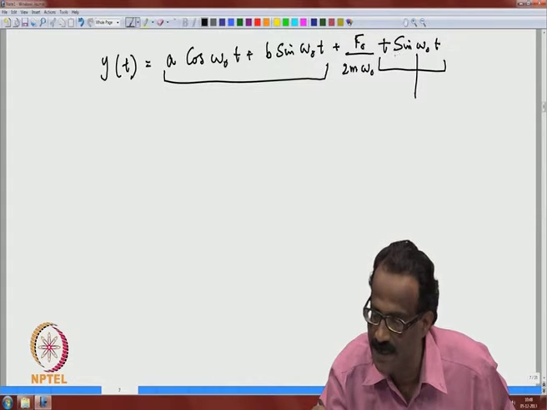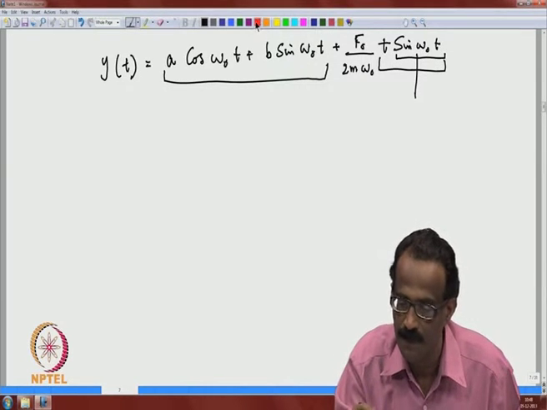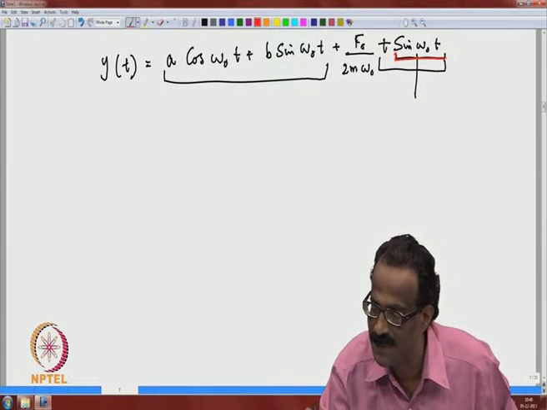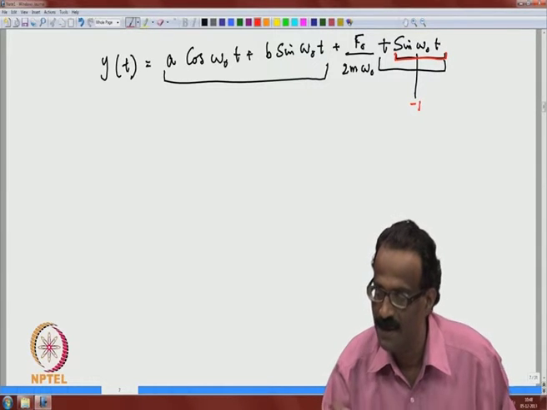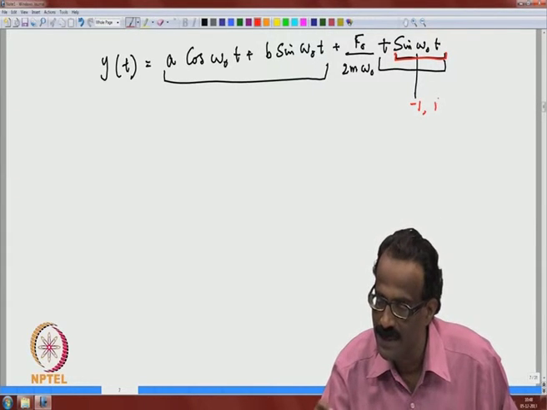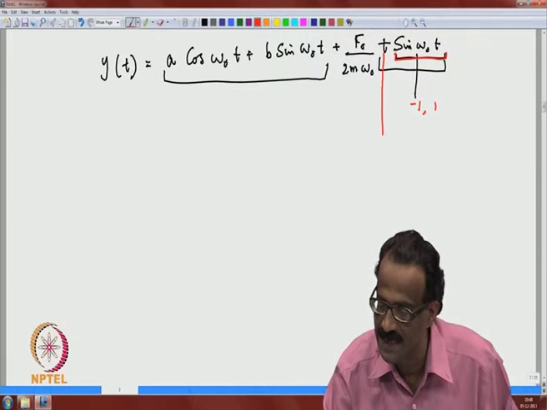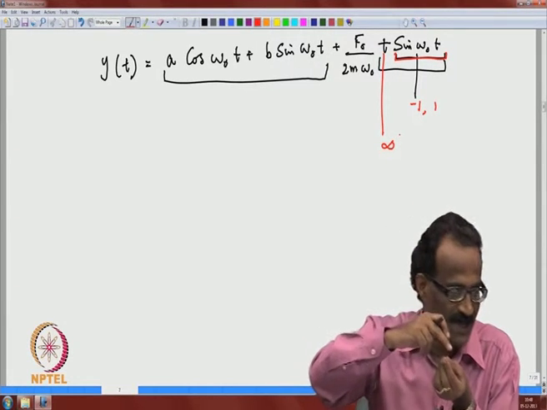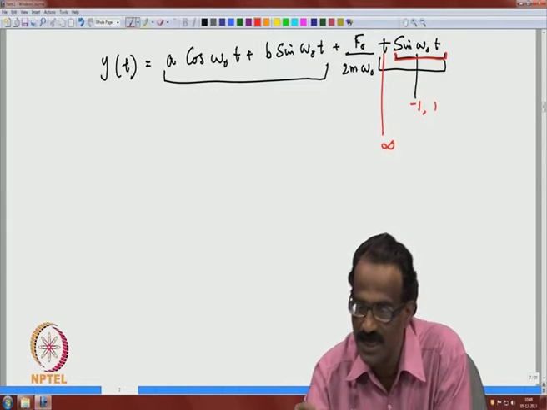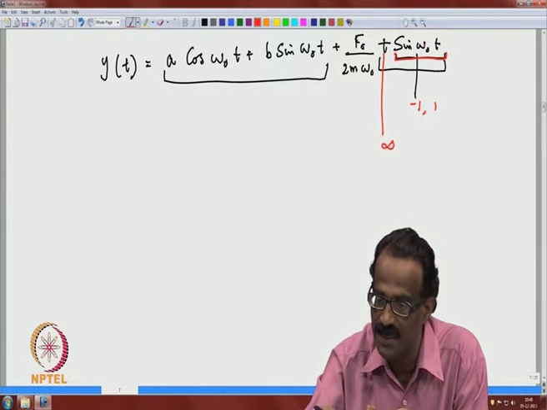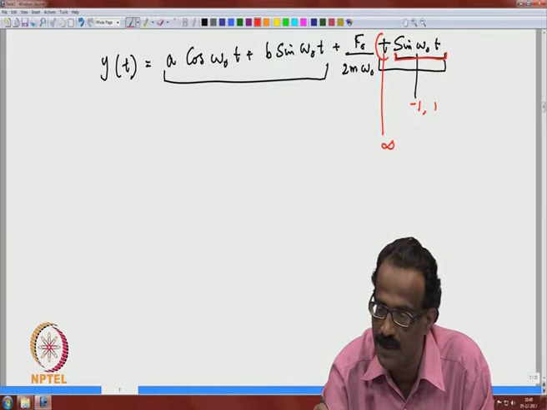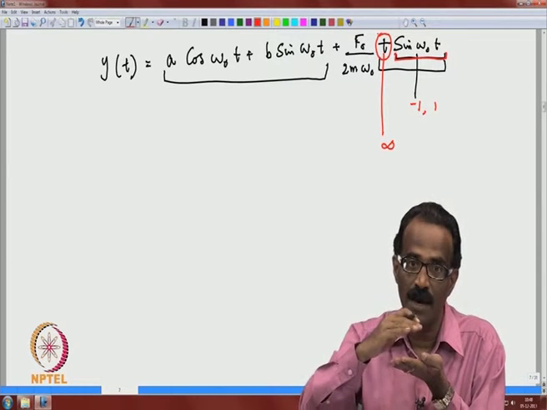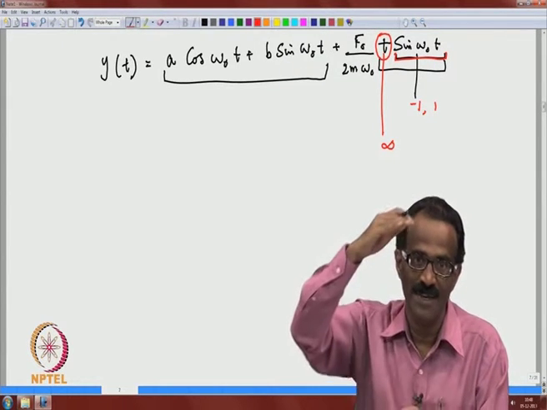the sine part oscillates between -1 and 1, but you see as t increases, this increases to infinity. So, even though it oscillates, such an unbounded term means that as time goes the amplitude is increasing.